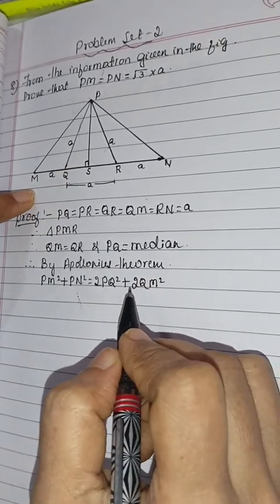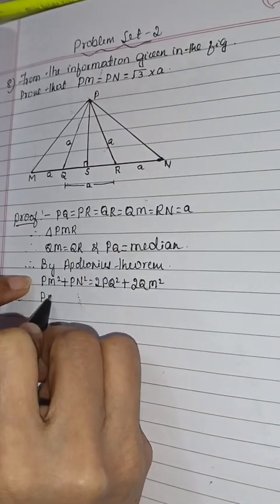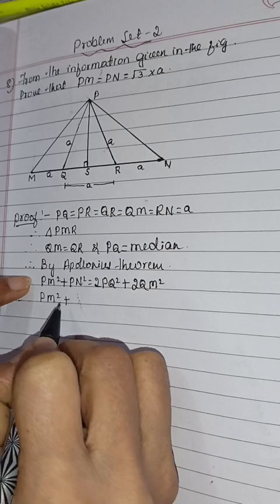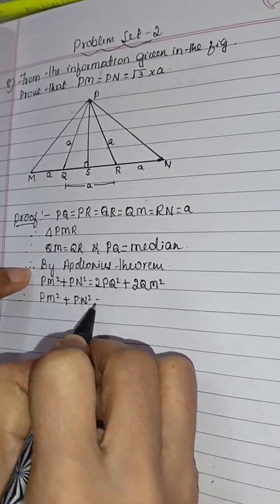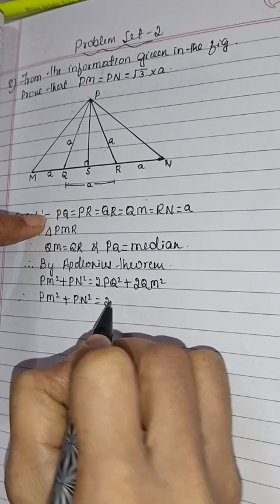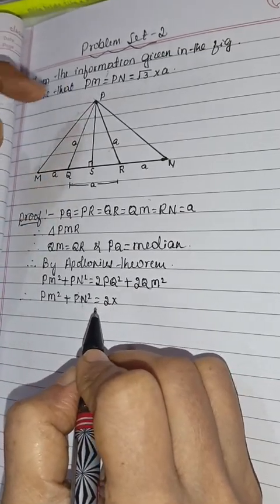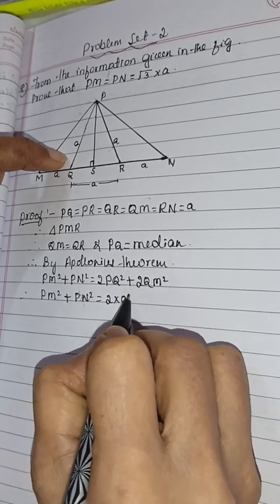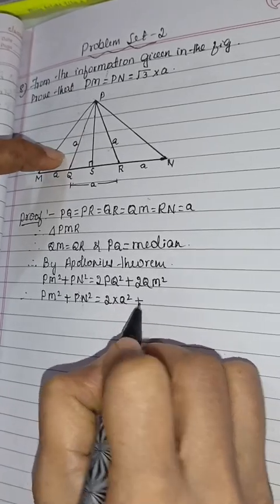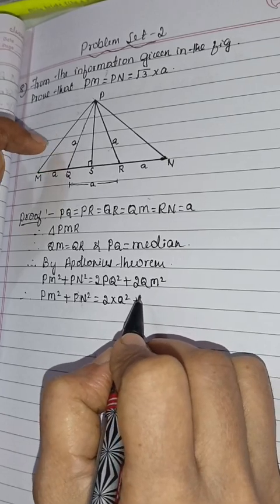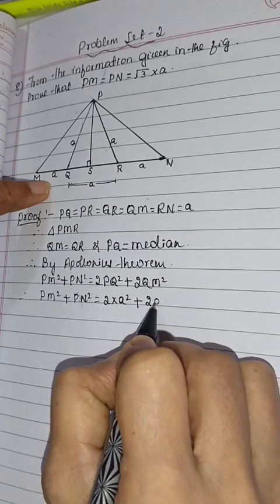Therefore PM square plus PN square equals 2 into PQ, PQ is a square, plus 2 QM square, QM is a square.